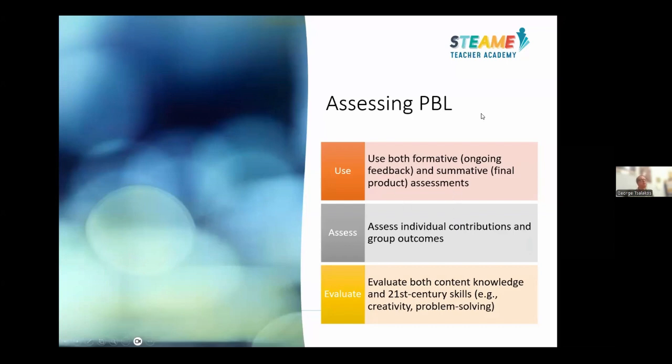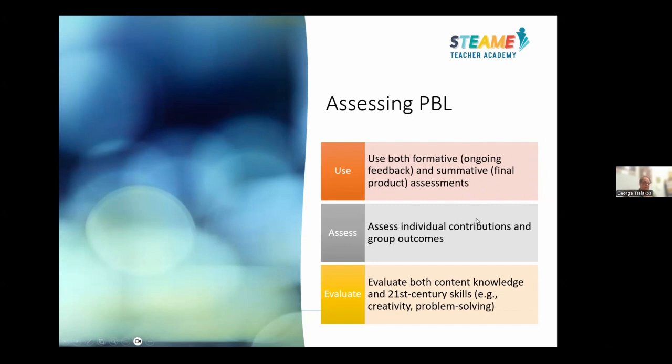And for assessing project-based learning, we have to use both formative and summative final assessments. Usually we use some for final assessment. There are various rubrics which have to be known to our students from the beginning.